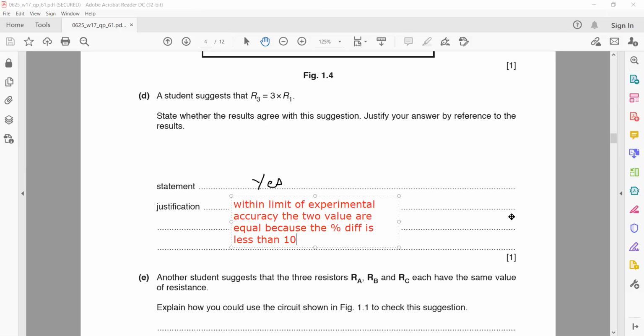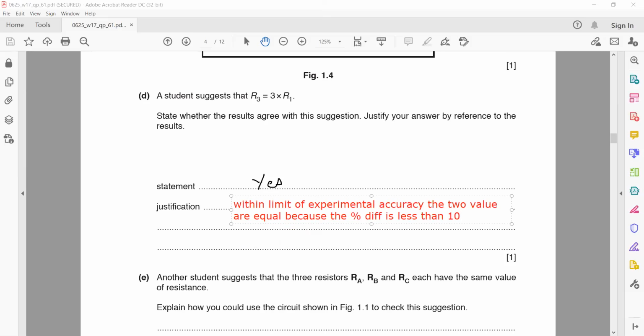Is it clear? Whenever in an exam you are comparing two values, you will calculate the percentage difference instead of directly giving the answer by looking at the numbers. Like according to the practical, R3 is 13.2. But when we calculate by the values, as the student suggests, R3 is 3 times R1, so that equals 14.2.